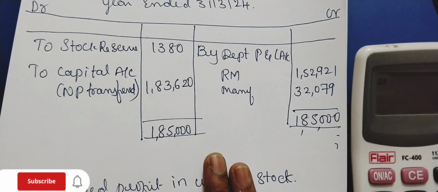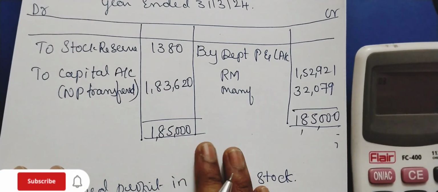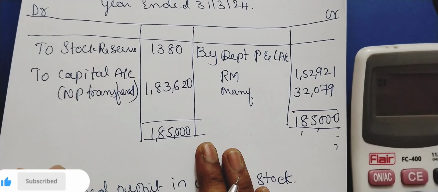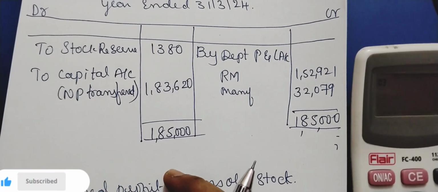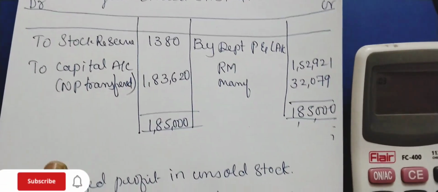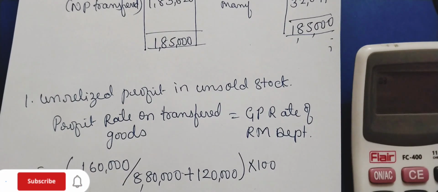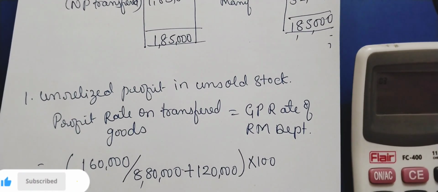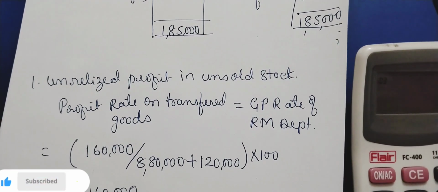The general profit and loss account is where we record expenses that we are not able to allocate to the concerned department based on apportionment. So here we have recorded, right? And here we need to find out the stock reserve, because there is an interdepartmental transfer.